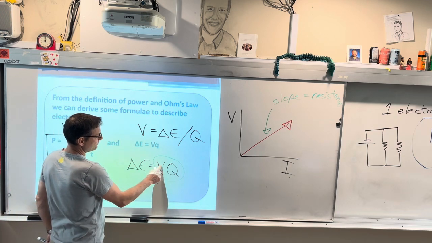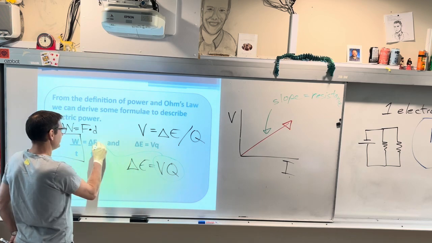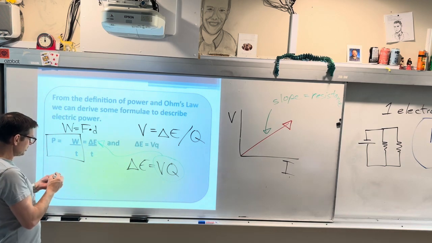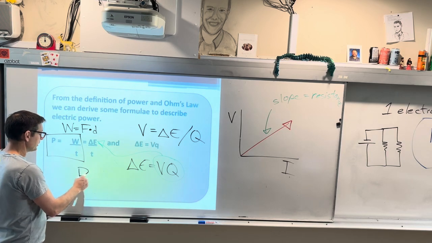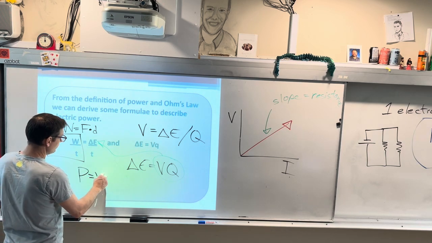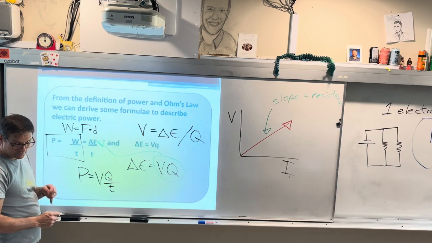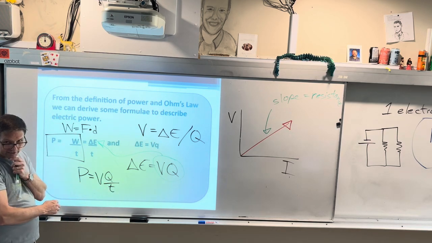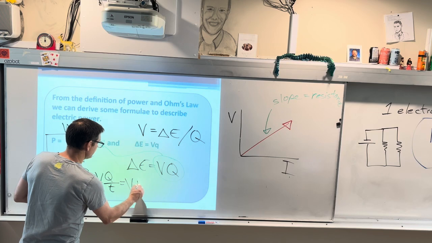So if you have voltage times charge and you put that in for change in energy, then your power is going to be the voltage times Q over T, right? What's charge per second? That's right, Kian, good. So this is equal to VI.